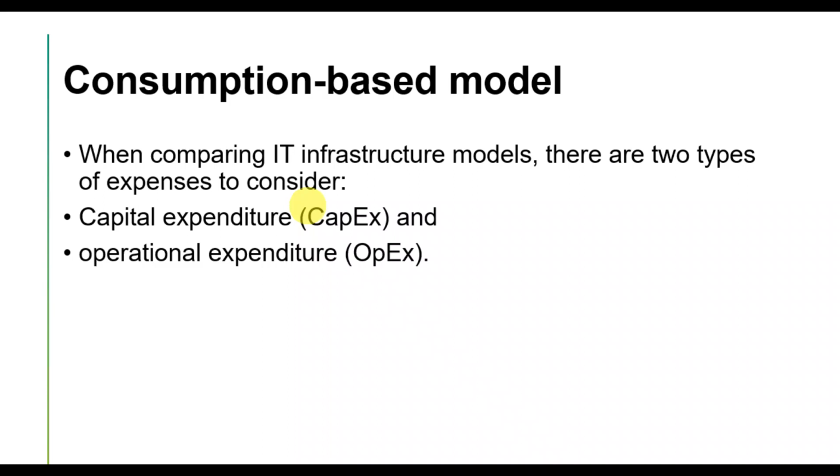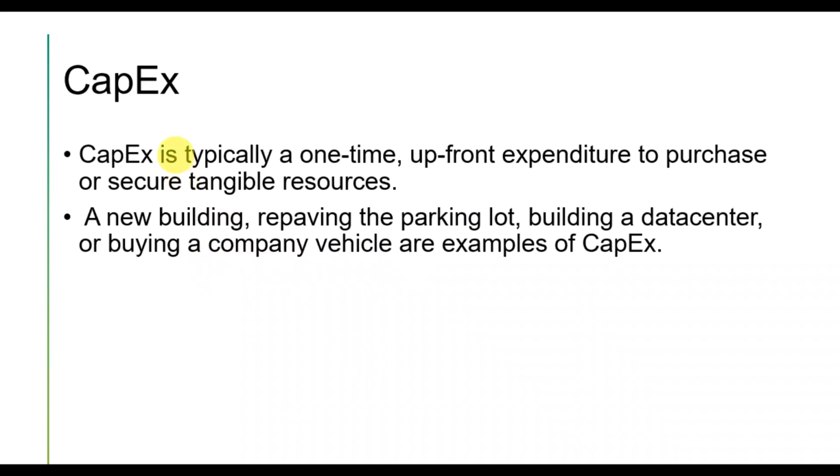After looking deeply into the shared responsibility model, we are now looking into the consumption-based model. When comparing IT infrastructure models, there are two types of expenses to consider: capital expenditure and operational expenditure. Capital expenditure is typically a one-time upfront expenditure to purchase or secure tangible resources.